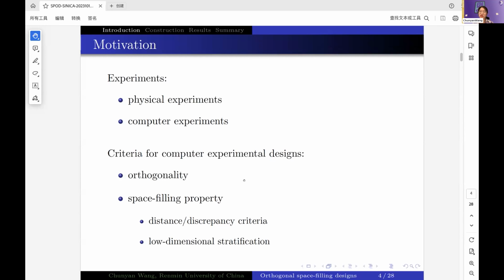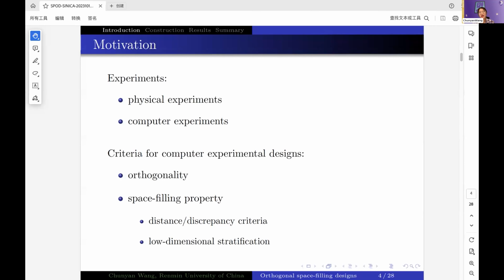In other words, in a computer experiment, the experimenter doesn't conduct a real experiment; they just input the variables and get the response from a system. So for computer experiments, there is no noise: for the same input, we will get the same response. This is the definition of physical experiments and computer experiments.